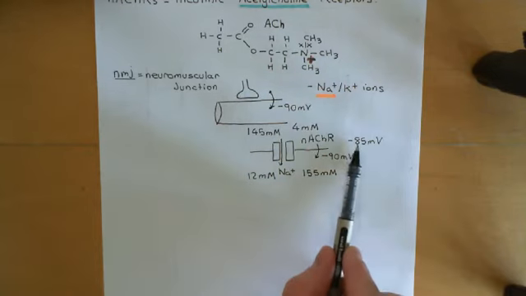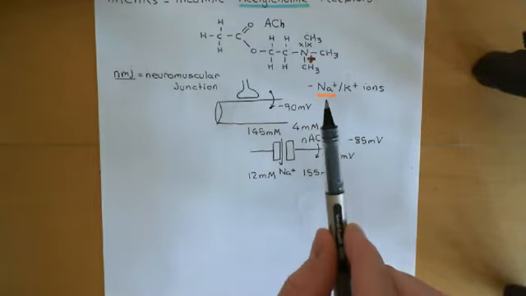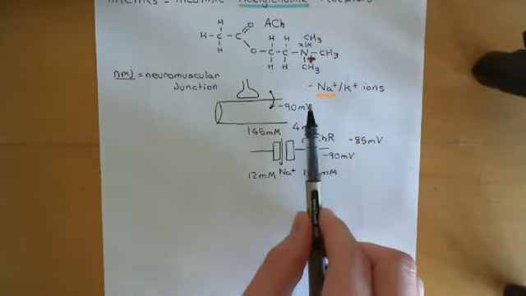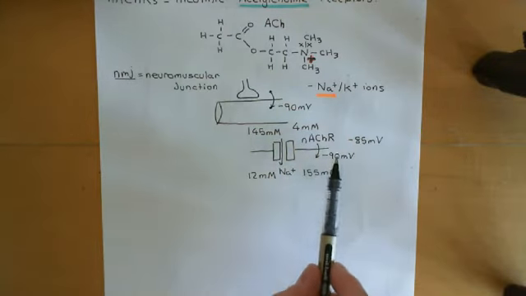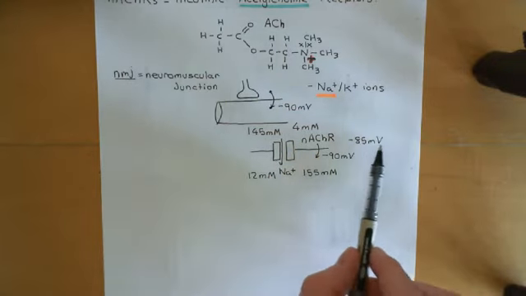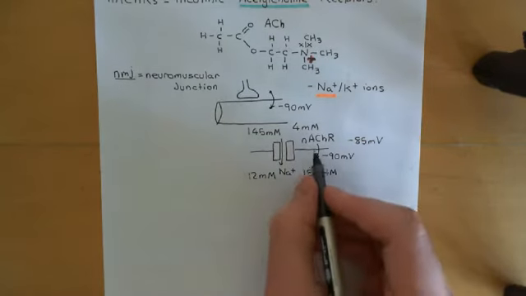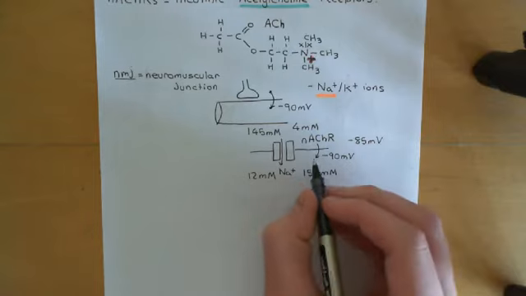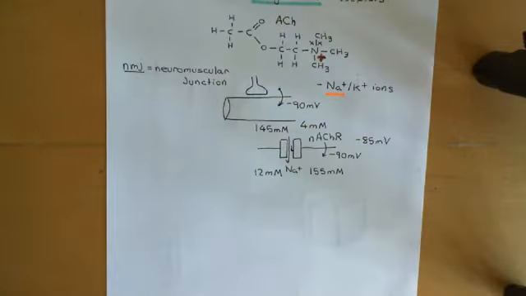So if the electrical potential difference was negative 85 millivolts, then the electrical gradient would be completely balanced with the concentration gradient, and you get no movement of potassium. We are actually more hyperpolarized than the Nernst potential for potassium, and therefore you're expecting the electrical gradient to win and bring a tiny little movement of potassium into the cell, but tiny.